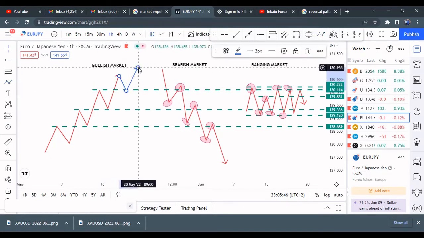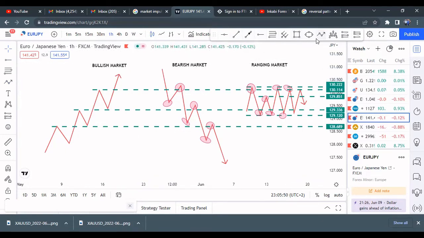And if the price suddenly does this, maybe comes here and then tests this area, right? So this is what you should note here.